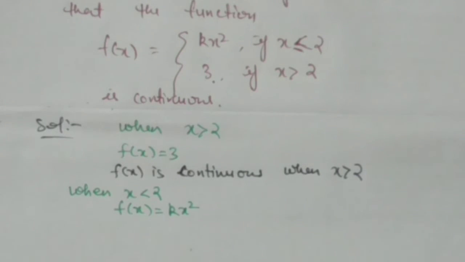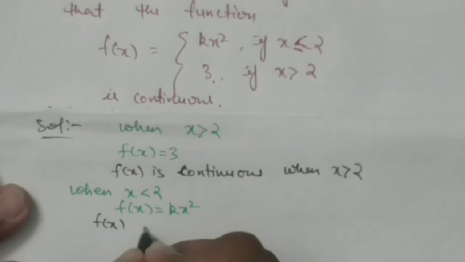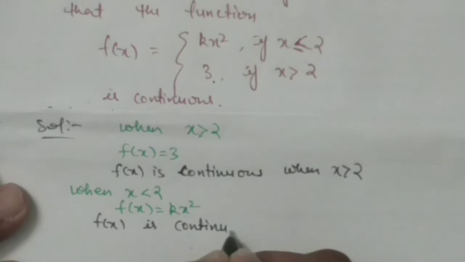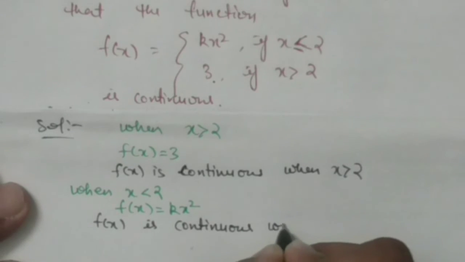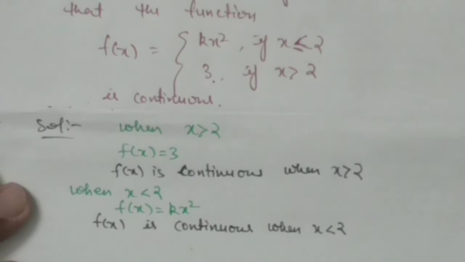Now it is a polynomial function, and polynomial functions are also continuous. So f(x) is continuous when x is less than 2.